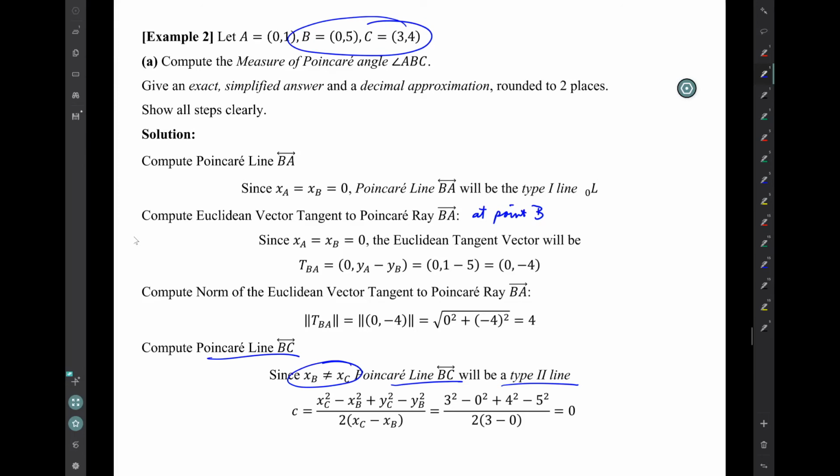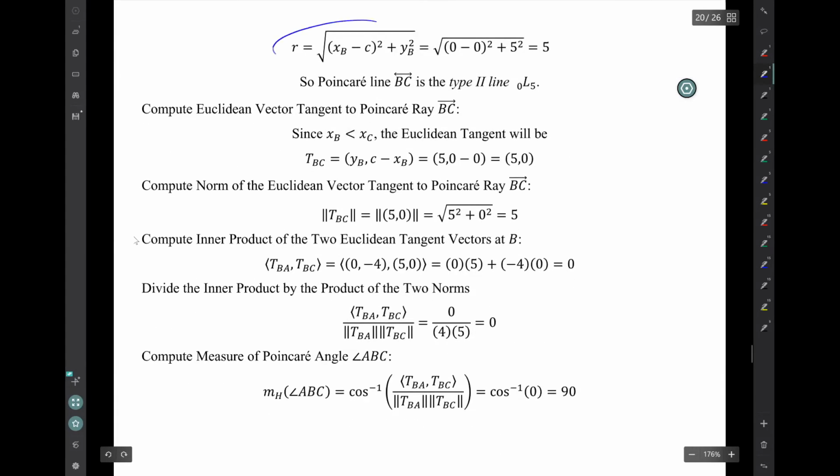Setting up the calculation, I get that C is the number 0, and R equals 5. So Poincaré line BC is the type 2 line 0L5.